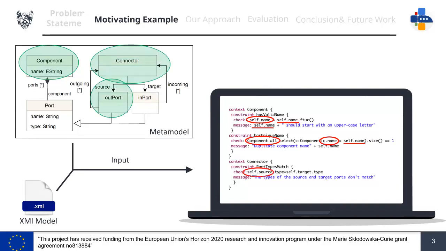And for the third one, we need the connector with the source reference and the type attribute of that port, and the target and the type attribute of the target port. So as you can see, there is some information in the model, like the incoming reference and the name of the port, that is not necessary for executing these constraints, right? So there is no point in loading them into memory and occupying memory with this information.